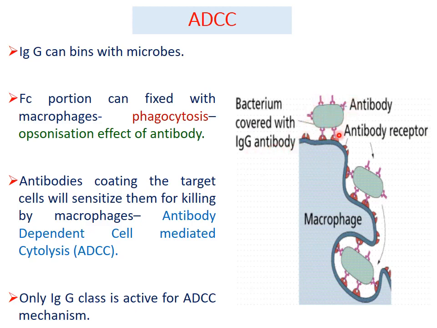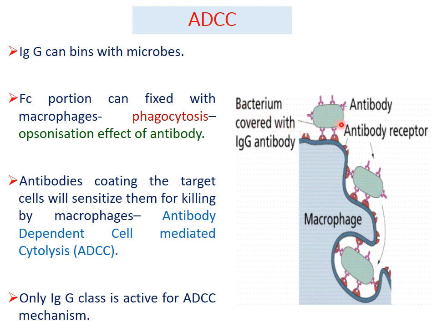Now, as various cells have the receptor for this antibody, like macrophages, via the Fc portion, this antibody can attach to the macrophage. The Fc portion is present in the stalk. So the receptor present on the macrophage binds with the Fc portion of the IgG antibody, which binds with the microbe or bacterium.